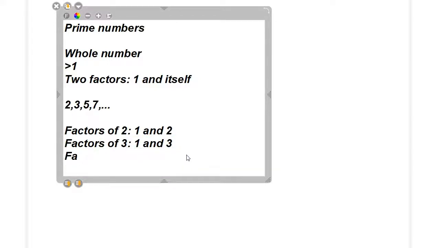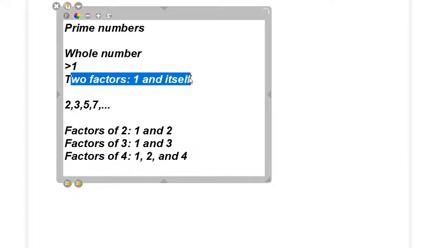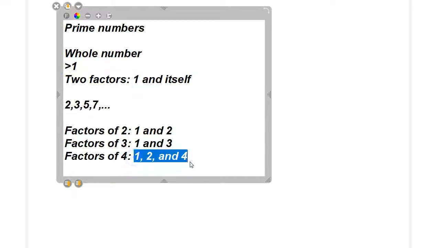Okay, now let's move on to factors of 4. When you find the factors of 4, because 2 times 2 is 4, and 1 times 4 is 4, the factors will be 1, 2 and 4. A prime number has only 2 factors, but you see there are 3 factors for this.